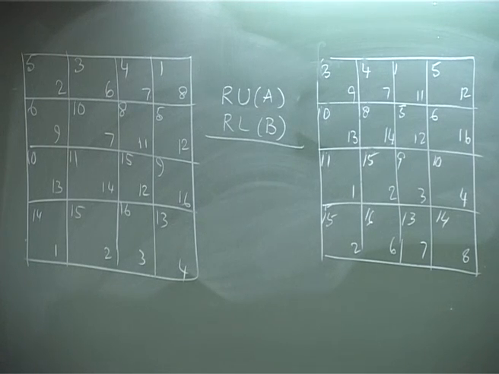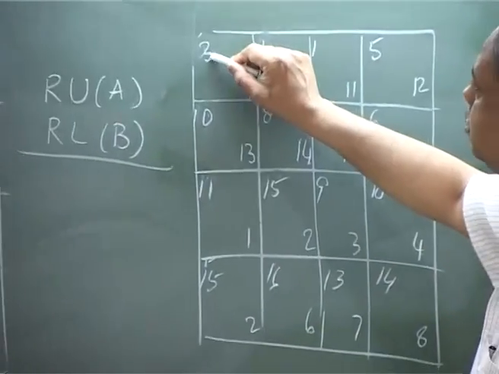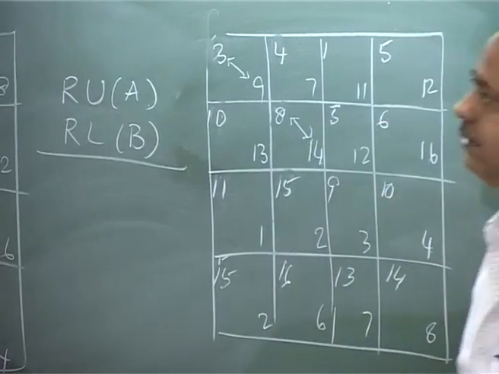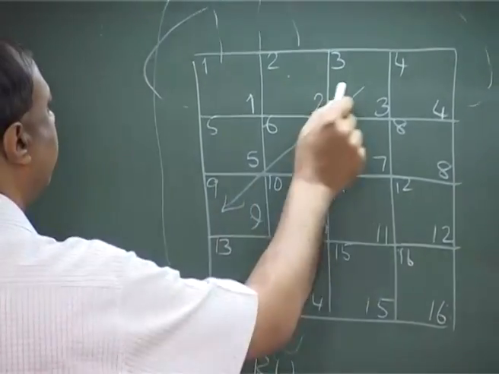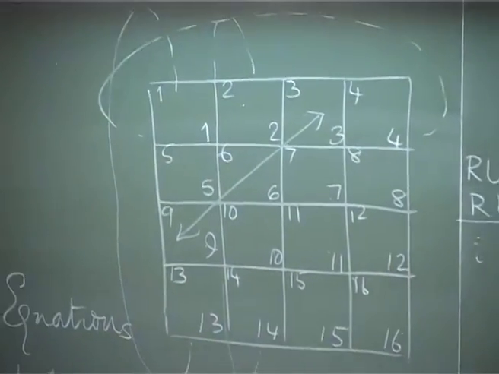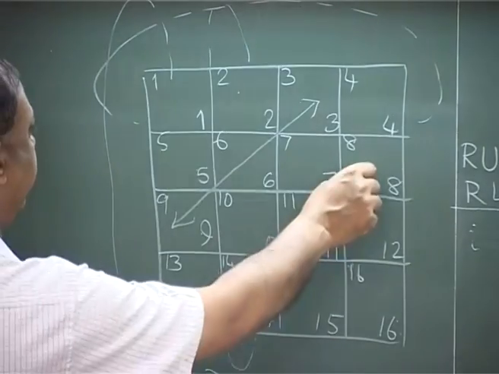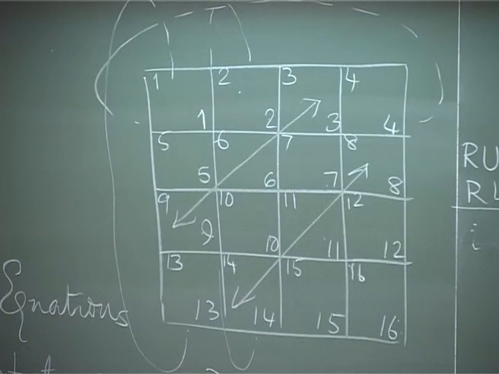Now after rotate up and rotate left, you observe that these two are transposable elements. You see the original one, that 3 and 9 are to be transposed and 8 with 14, right?